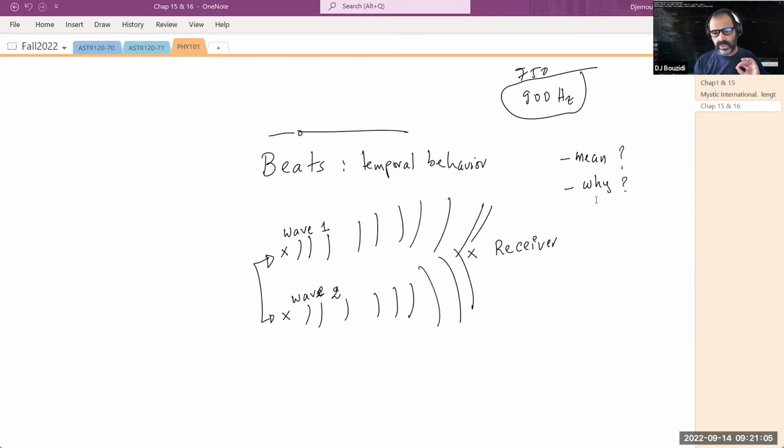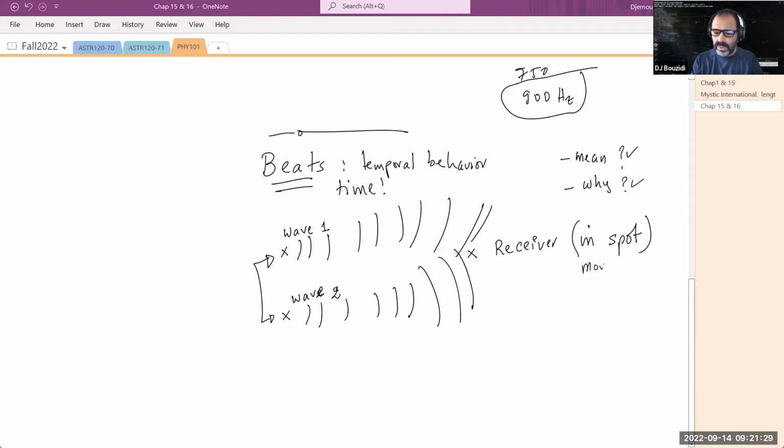It's only space related to time. When we talk about beats, we are focused only on time. That is one thing. So we answered the first question, and now we need to answer the second question, which is that the receiver usually is in one spot, not moving.